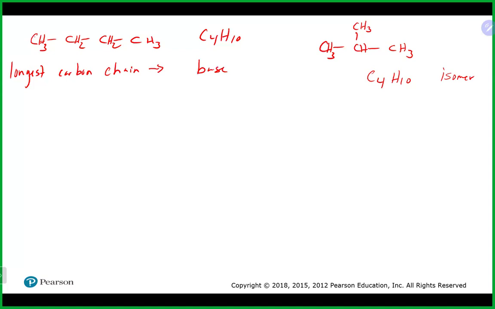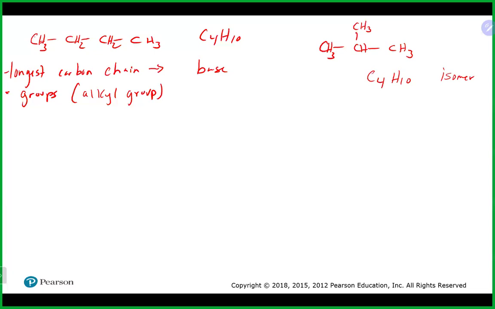Then we typically have stuff that is not part of the longest carbon chain. And those are what are sometimes referred to as groups. And if they are carbon-based groups, they're referred to as alkyl groups, which again is a fancy way of saying a carbon-based group. And you would then want to identify any groups that are present.